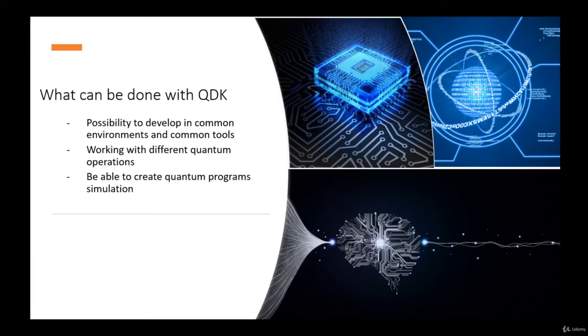You can also simulate it in a limited scope, or you can use other resources to test your Q code with different resource estimators. So the Q programming language is really a language used for quantum programming. Once again, this is an advanced level programming language.